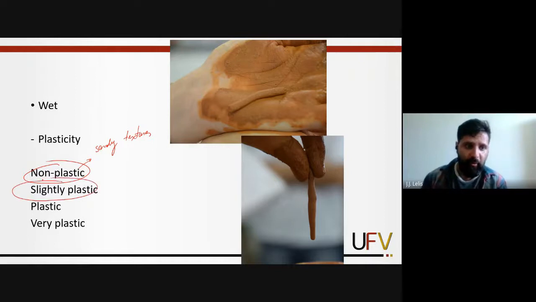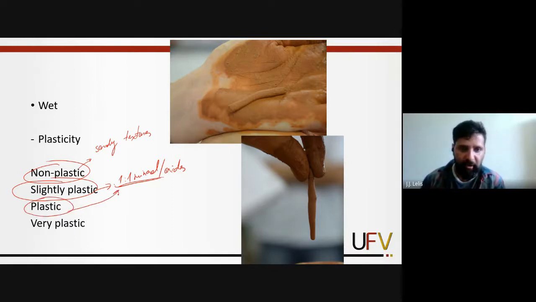Here, it's quite common to find one-to-one minerals and oxide-rich minerals or rich horizons, rich layers. Some of this plastic we can find here too, but if I have a lot of clay, a clayey horizon, I can have a plastic consistency even if I have just 1-to-1 minerals or even oxides, okay?